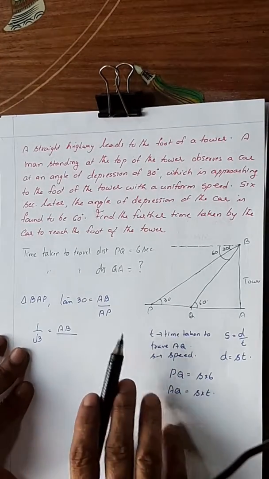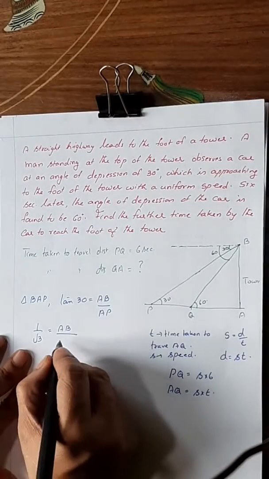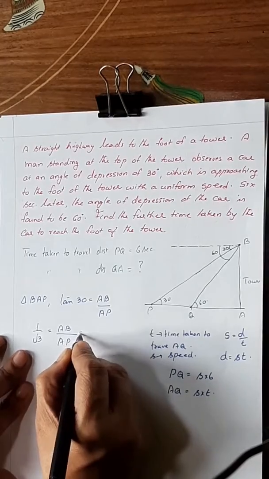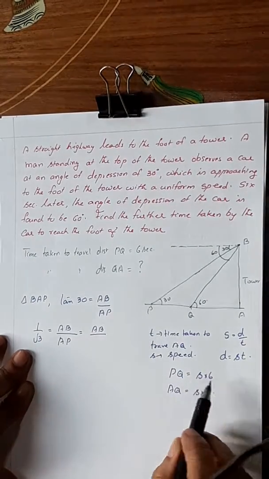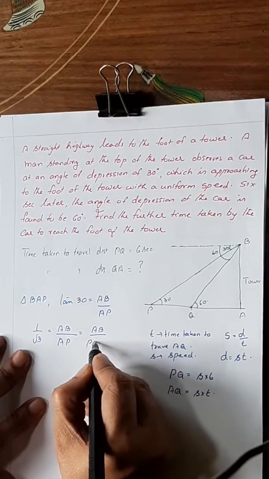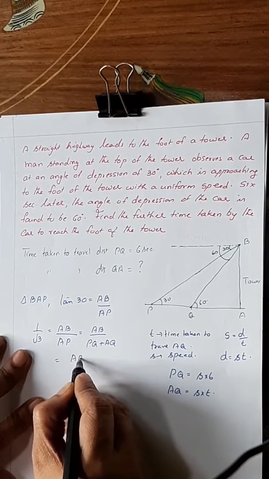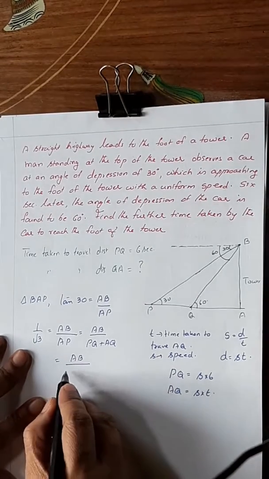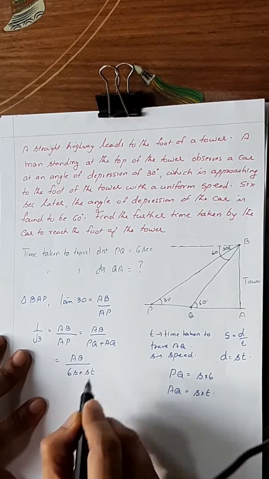Now we got PQ and AQ, so AB by AP is equal to AB by PQ plus AQ, that is AB by 6S plus ST.